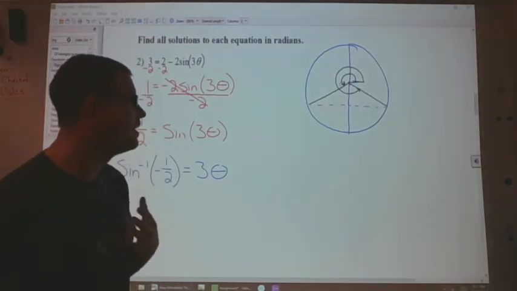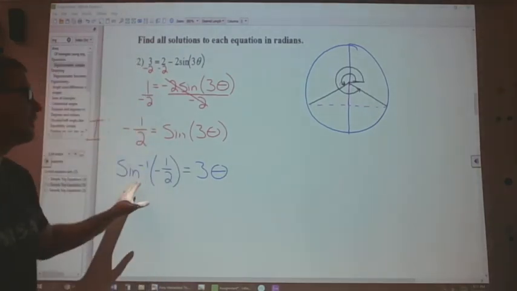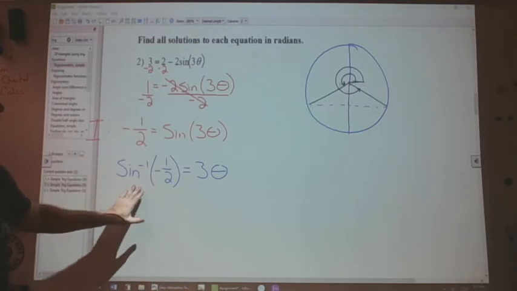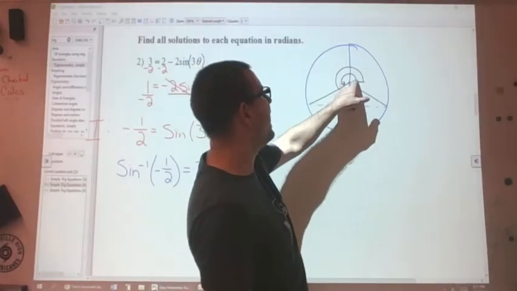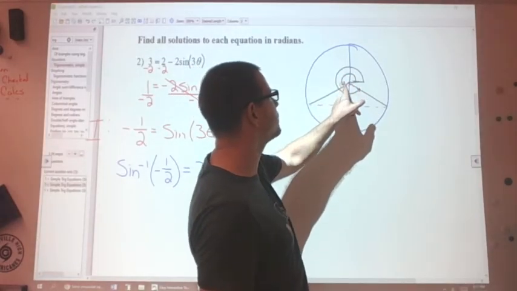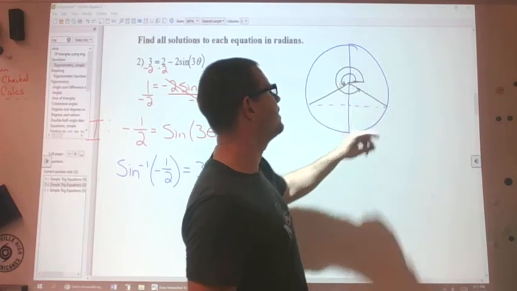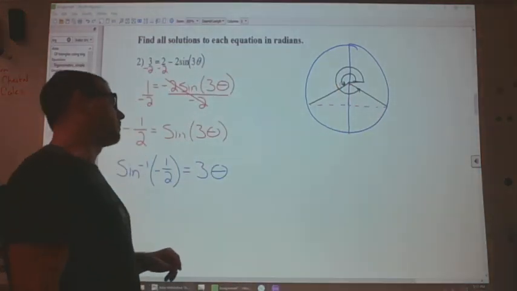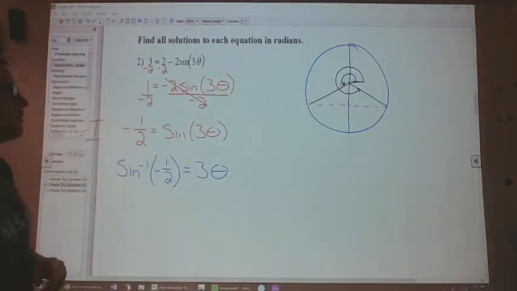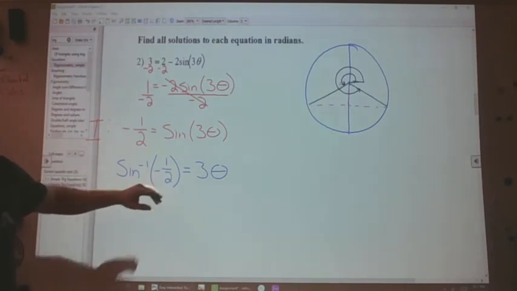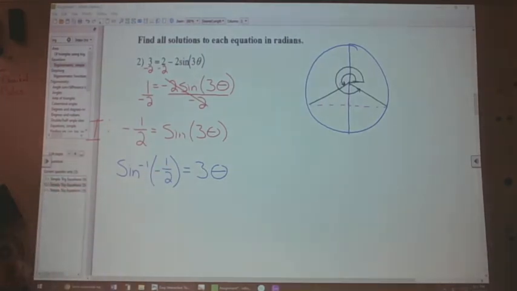For me, at least, that is a gigantic help for solving these. Now I can see I need one angle in the third quadrant, and I need one angle in the fourth quadrant. Okay. And I know those angles from the unit circle, but we'll do it on the calculator this time.